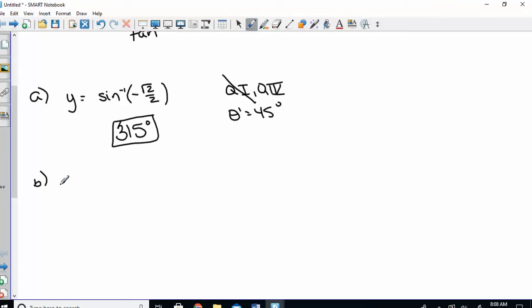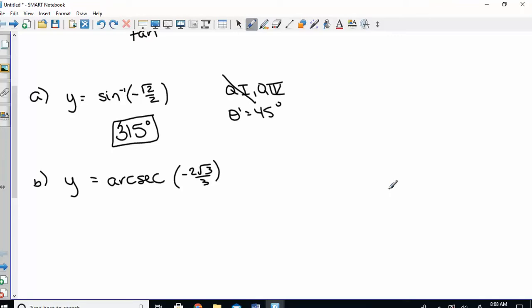If I said y equals arc secant of negative 2 radical 3 over 3.